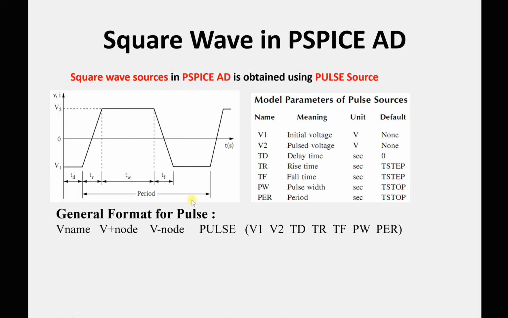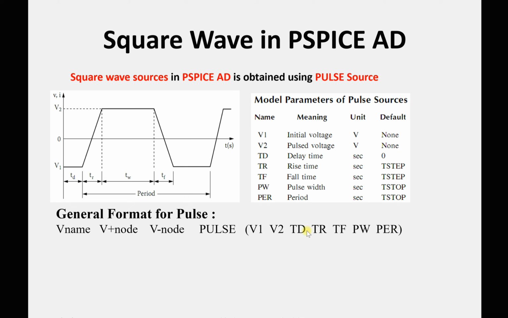For the pulse wave, what will change is the type of the voltage source and its settings. So we still have the voltage name, positive node, negative node. But what changed here is the type of the voltage source. In the first part, V input was DC, now V input will be a pulse.